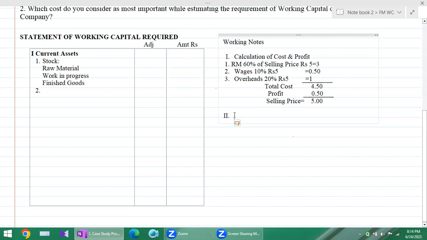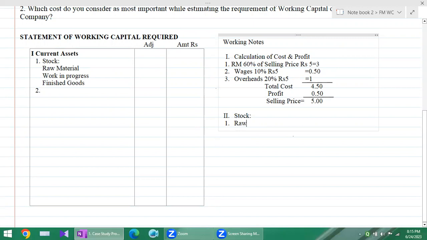Here I'll begin with stock, inventory, valuation of inventory. There are 3 types of stock in the manufacturing company. That is number 1, raw material stock. So this number 1 comes here.